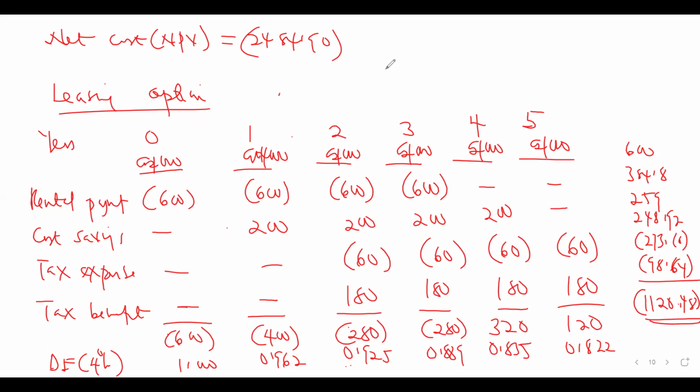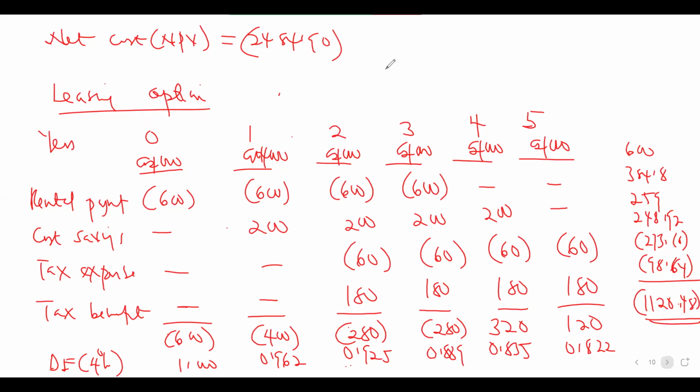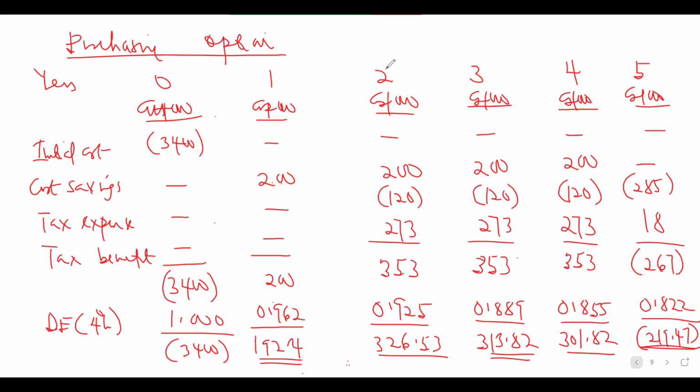So I was saying that you can decide to ignore the cost savings because you will be having the same effect on the two options. But because of tax, that's why we are bringing the two. Whatever be the case, the cost savings will be for the two options, and they are going to be having the same effect. You can see that we are bringing the 200 as cost, and we are taking a tax of 60.